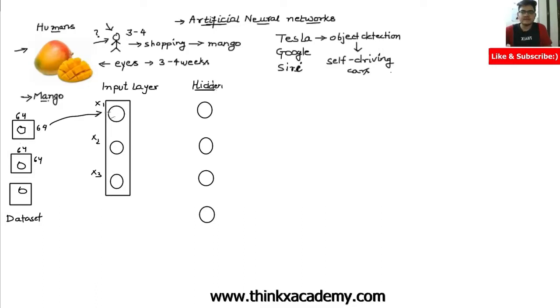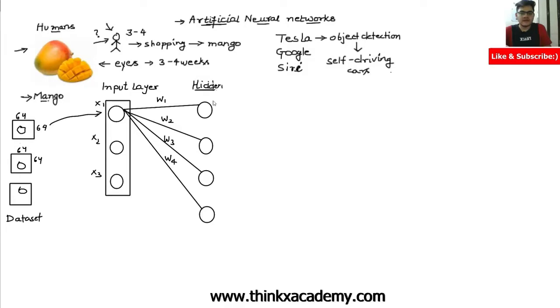For example, let's say we have x1. We are going to make a channel to this node of the hidden layer, and we will make another channel to this other node, and we will do it with all the nodes like this. While making these channels, we also assign some weights to them. Let's say this is weight 1, weight 2, weight 3, and weight 4.